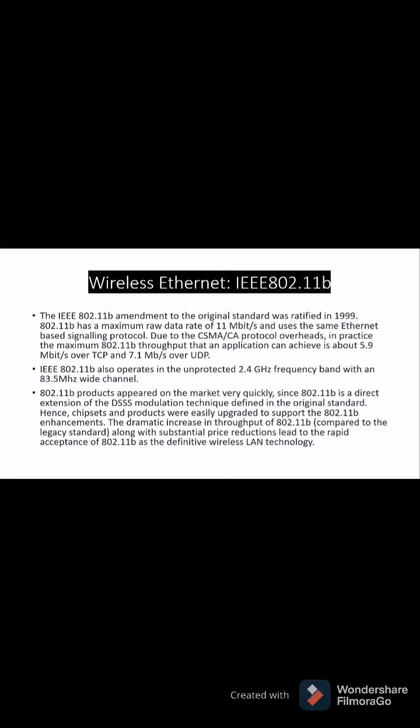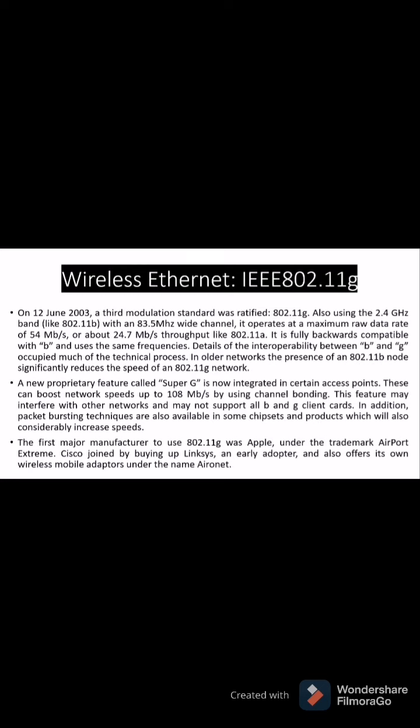So if we have wireless Ethernet IEEE 802.11b, we also have IEEE 802.11g. On June 12, 2003, a third modulation standard was ratified, 802.11g. Also using the 2.4 GHz band like 802.11b with an 83.5 MHz wide channel, it operates at a maximum raw data rate of 54 Mbps, or about 24.7 Mbps of throughput, like 802.11a.